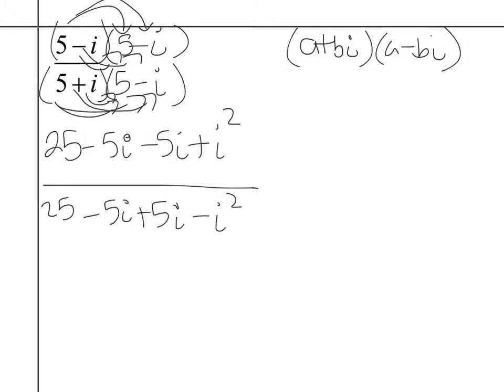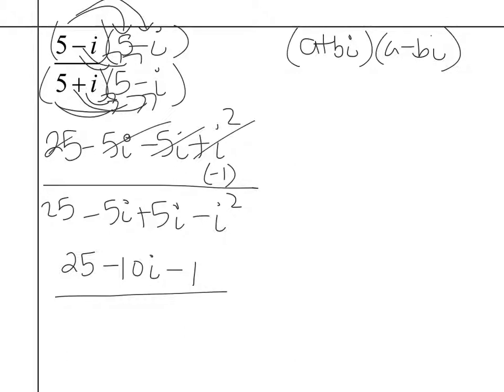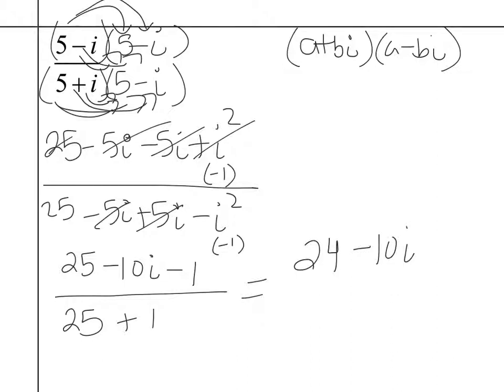So if we combine like terms, the top you're going to have 25 minus 10i minus 1, because remember i squared is negative 1. So now do the bottom here. You have 25. Well, negative 5i plus 5i is 0, and then i squared, remember, is negative 1, so it's going to change to plus 1. So you have 24 minus 10i over 26.